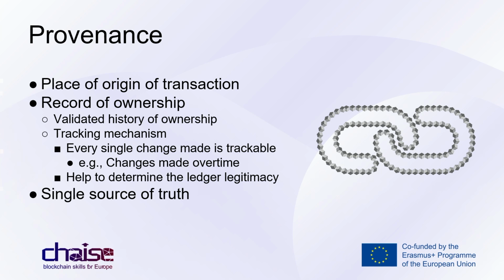Also, it enables a transaction tracking mechanism where every single change made is trackable. For instance, if someone is making changes in different transactions or performing different transactions, the company or the person can track who performed the transactions over time.